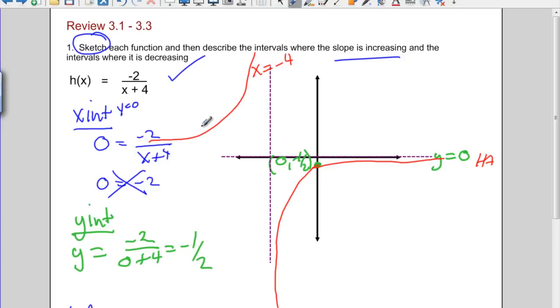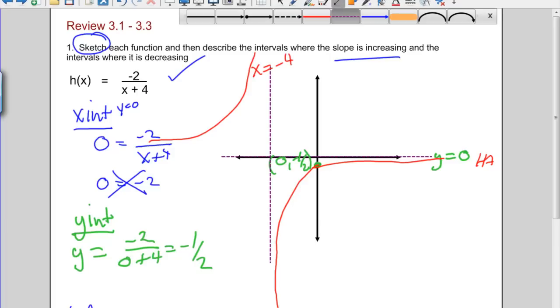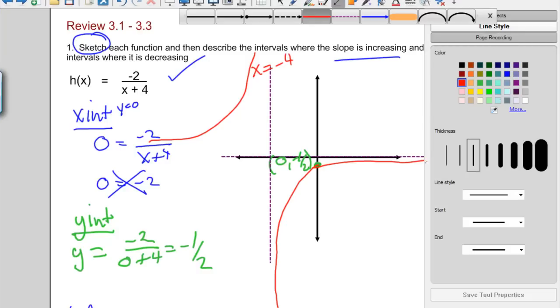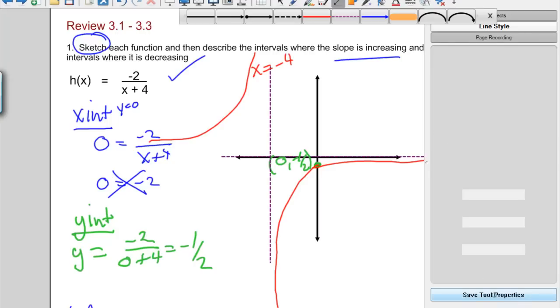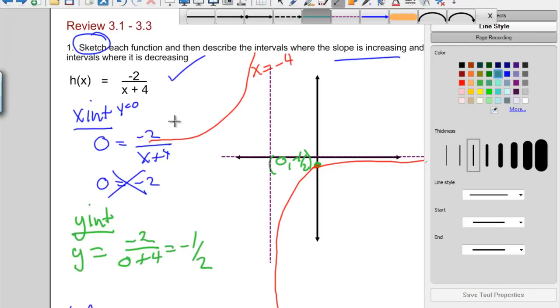That's a sketch. What we want to do next is determine where the slope is increasing and decreasing. And when we're talking about slope, one of the ways is to represent the slope with lines. So I'm going to choose a point, and I'm going to sketch a line at that tangent point.